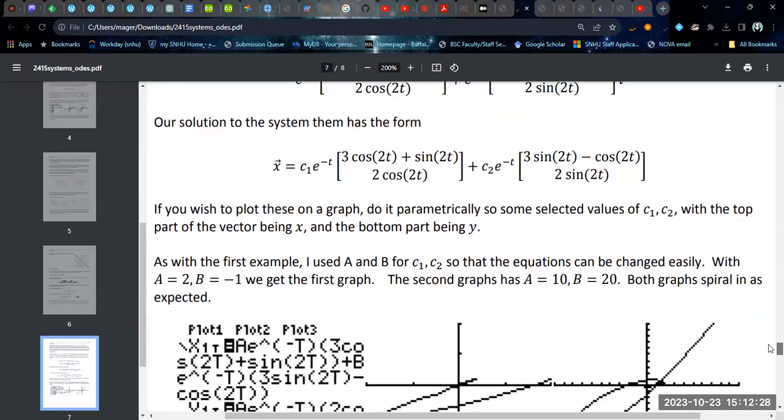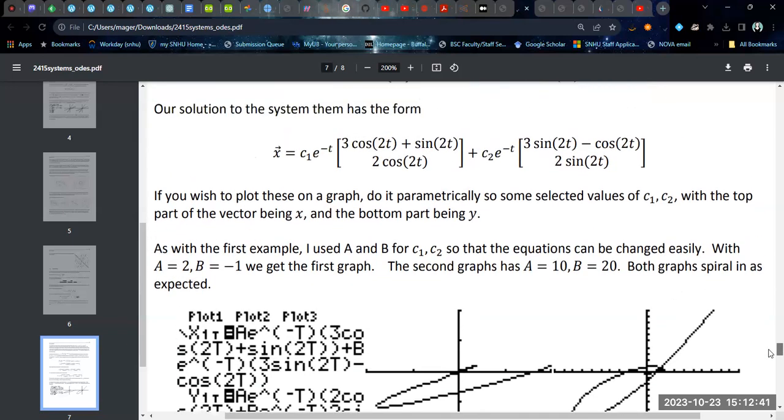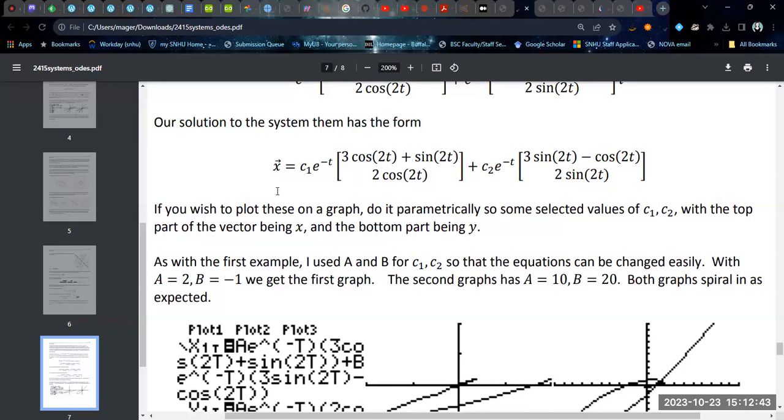Now, once we have this thing, then we can plot things. So we can choose examples for C1 and C2, so A and B. And then, again, extract x1 and x2, so our parameters x and y from our equation.